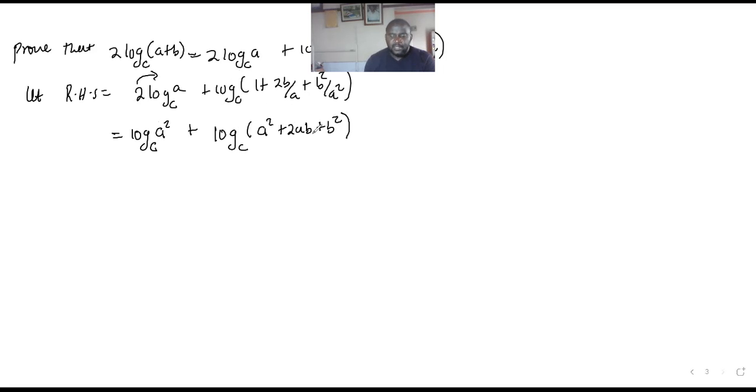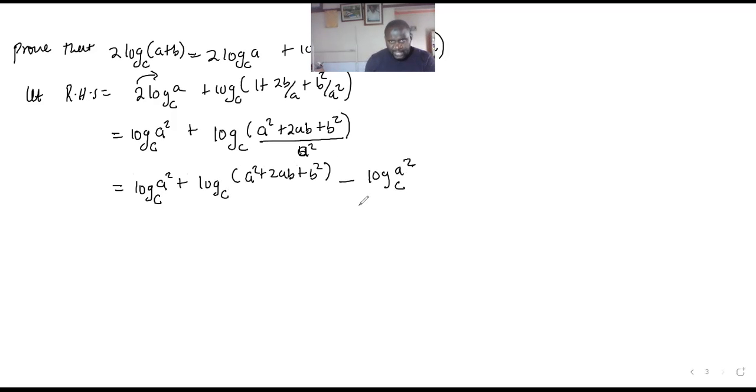Now, remember, there is a denominator of a squared. This will give log to base c of a squared plus log to base c of the bracket a squared plus 2ab plus b squared, close brackets, minus log to base c of a squared.